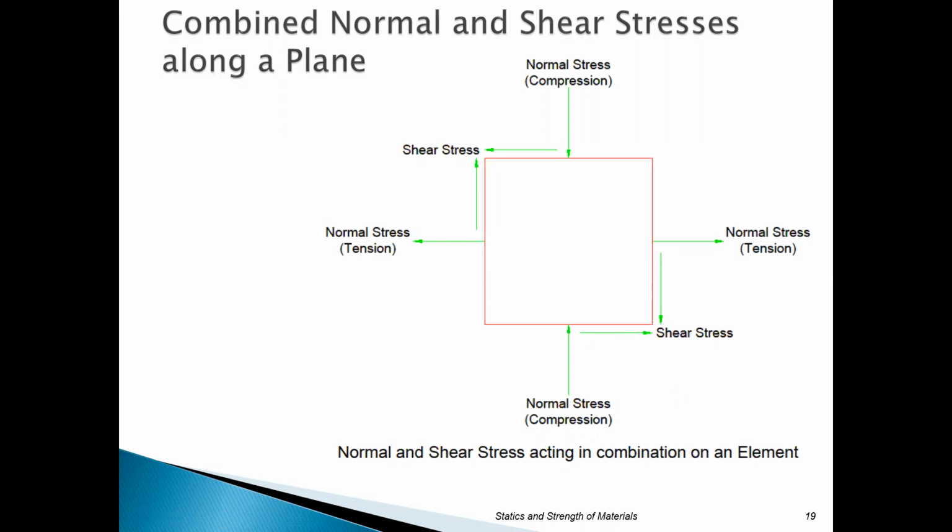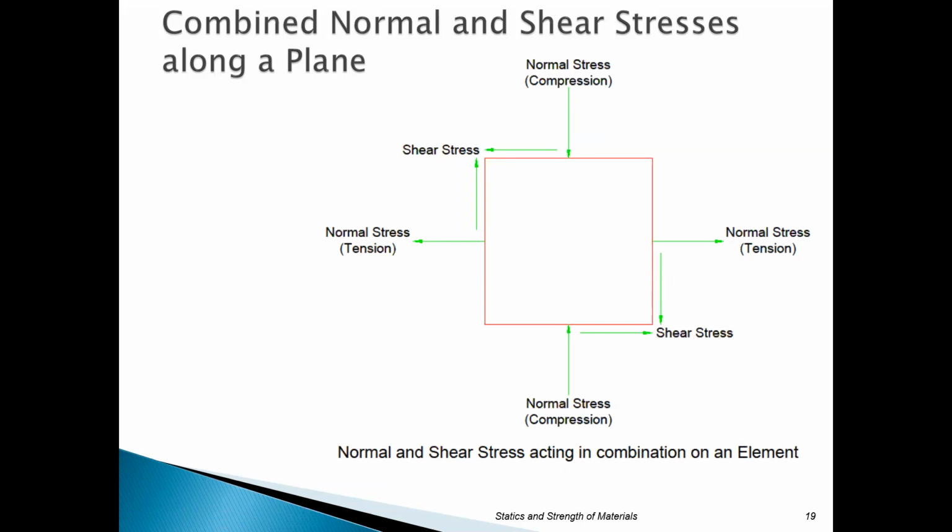They are basically tending to want to rotate this element. Notice this one's trying to rotate it clockwise and this one counterclockwise. So the shear stress will actually have the same value. If this is 400 PSI, it'd be 400 PSI for both, but they're going to have different directions of turn. And so normally you're going to assign a sign for that.